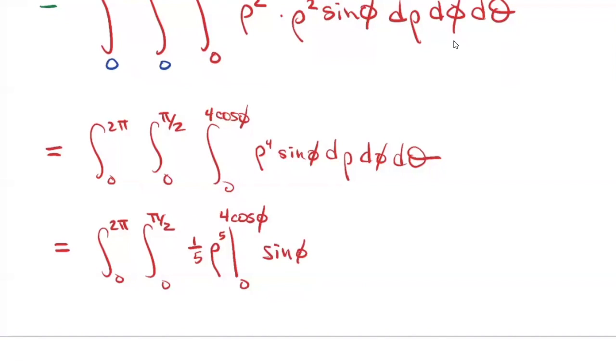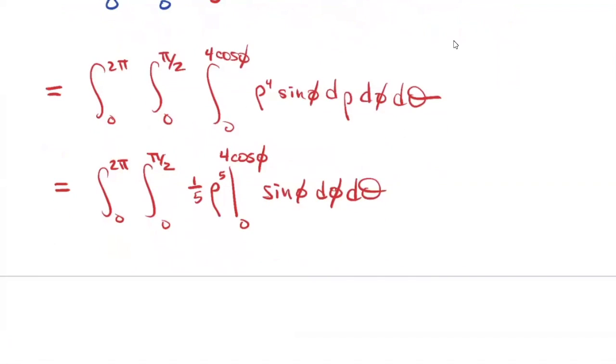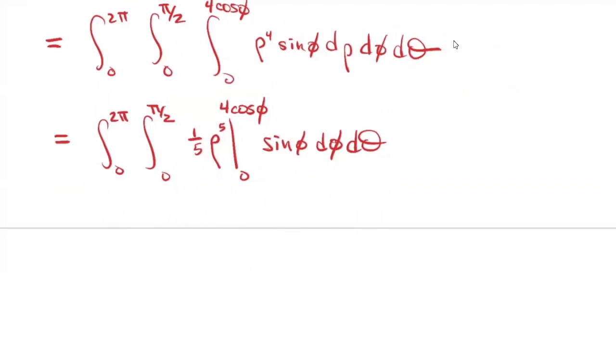Sine phi, d phi, d theta. Any questions there? I don't know what 4 to the 5th is. 4 to the 5th is 1024, of course.